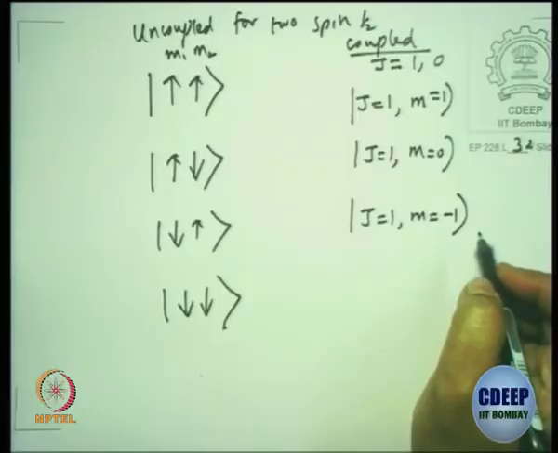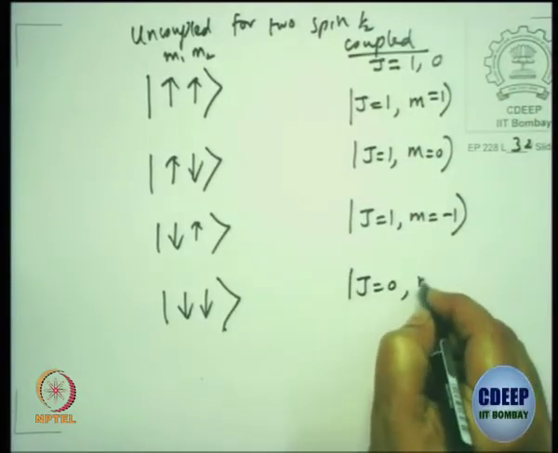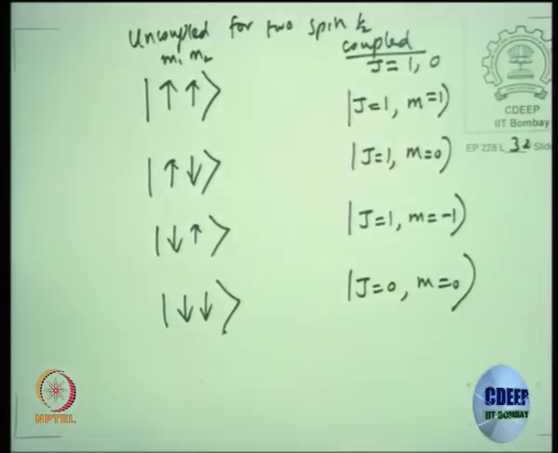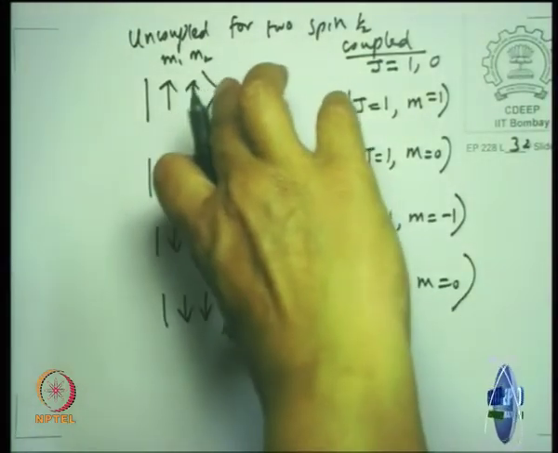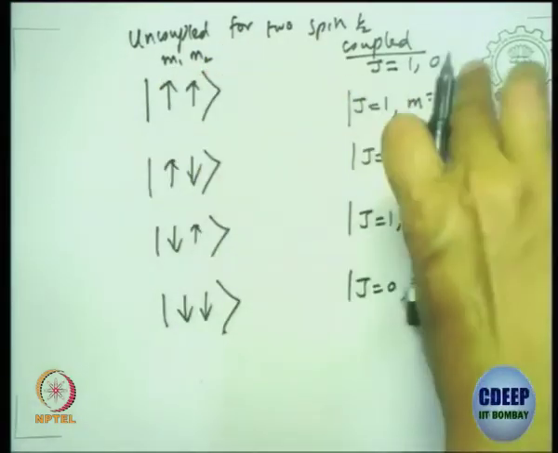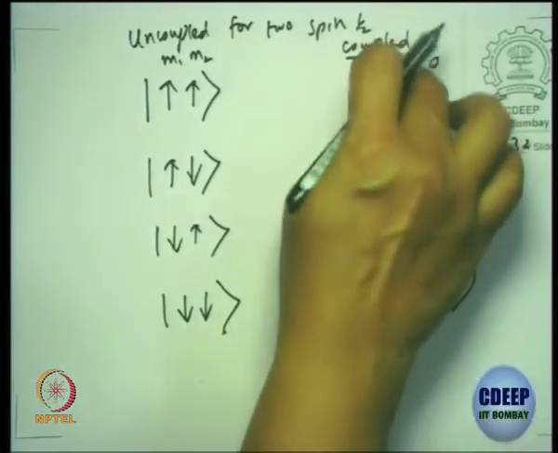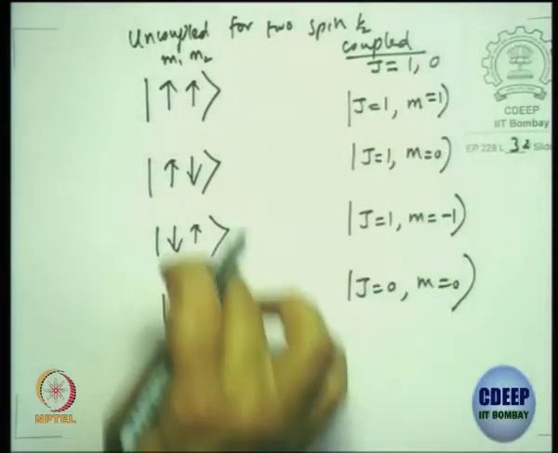Anything else? J equal to 0, M equal to 0. Interestingly, this is what we expect also. The dimensionality of the uncoupled basis should be the same as the dimensionality of the coupled basis. This is 4-dimensional. This is 4-dimensional.